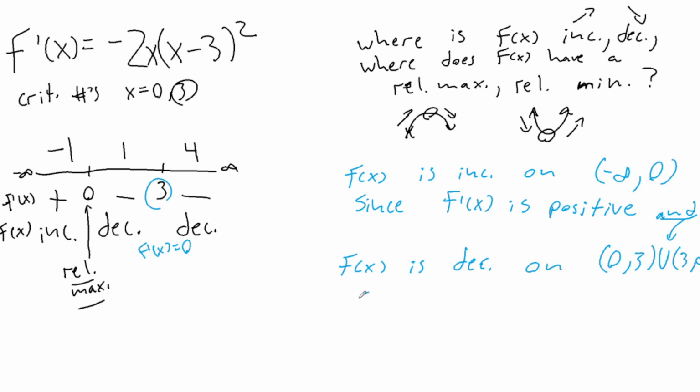So now let's explain. f of x is decreasing on 0 to 3 and 3 to infinity, since f prime of x, or the slope of the tangent line, is negative on these intervals. So now we have our two statements for increasing and decreasing, so you can check if you got that right.